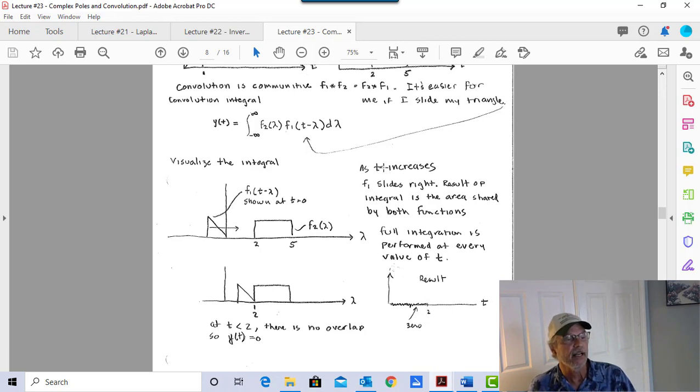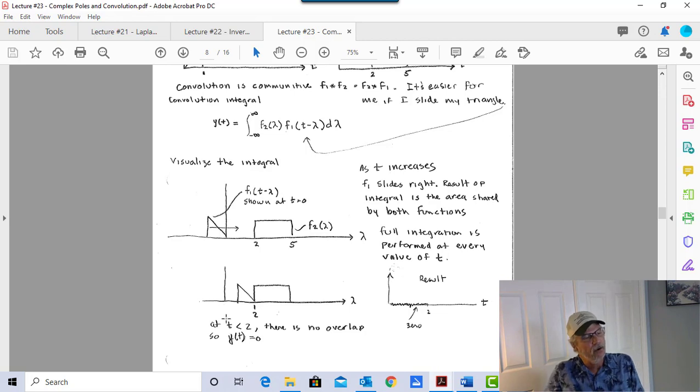So as t increases, f1 slides right. Here it goes. The integral is the area shared by the functions. And the full integration is performed at every value of t. We just performed the integration at t equals 0, and we got 0. So let's plot our first point. Here it is.